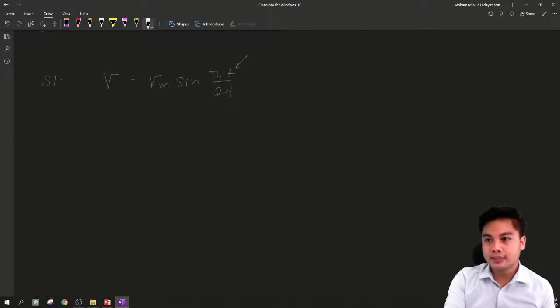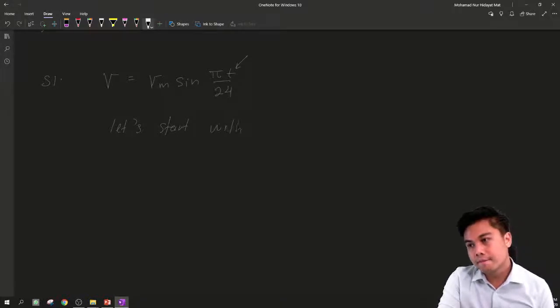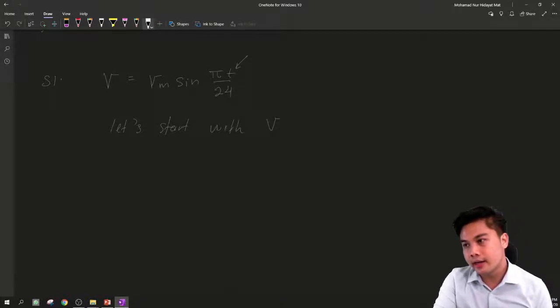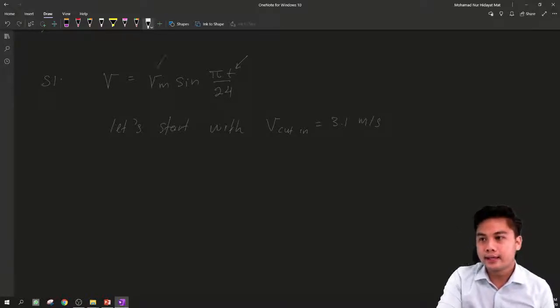Let's start with velocity cut in. Alright. Let's start with V cut in, which is 3.1 meter per second. And here Vm is always constant, 8.5.